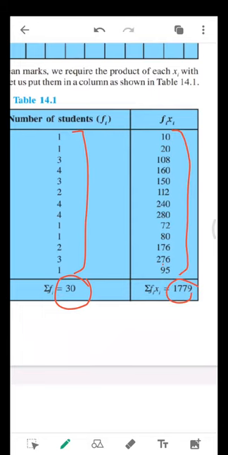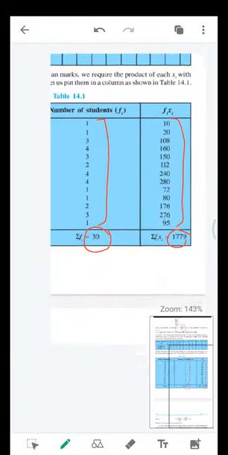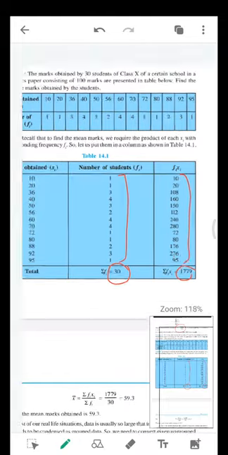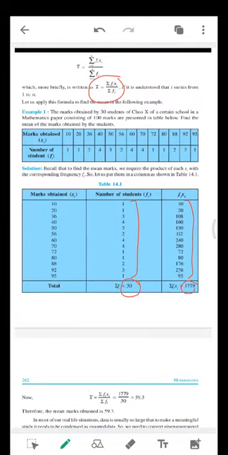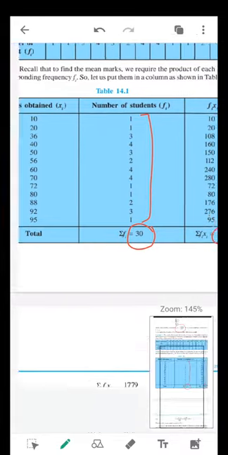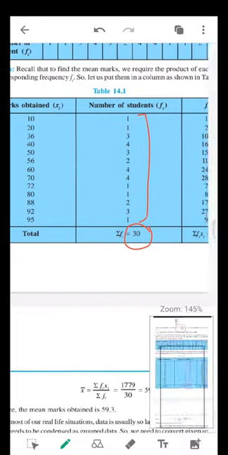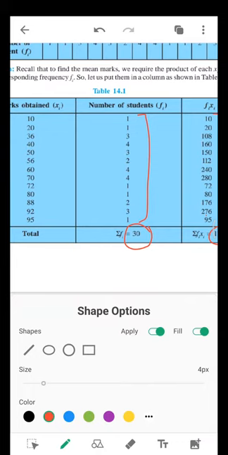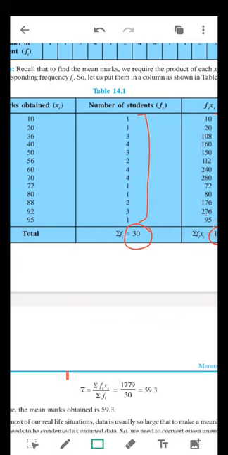So coming to the formula now, we'll substitute these values in the formula. Sigma fi xi, you can see the formula here. This is the simplification part for finding mean.